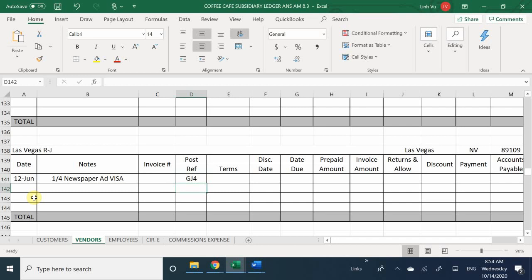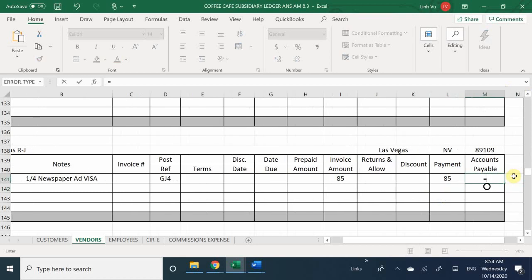Was there an invoice number? Not that we're aware of. So therefore, no terms are given. Obviously, we're dealing with advertising, and they normally don't give us discounts. So our bill amount was for $85, and we also made the payment for it. So therefore, we owe $0.